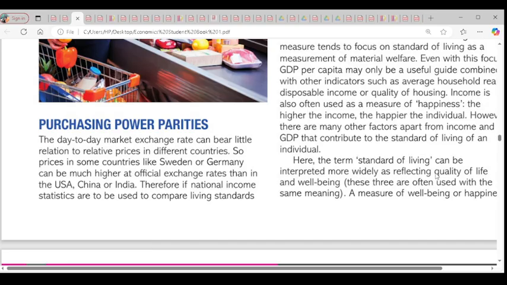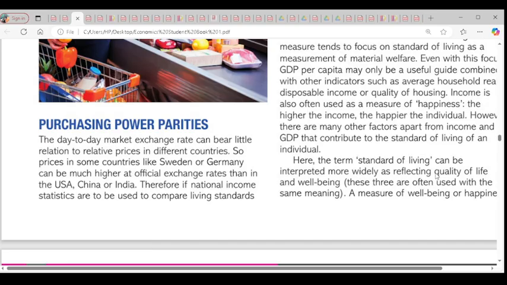happiness of an individual. However, there are other factors that contribute to the standard of living of individuals aside from income and GDP. For example, the quality of the environment we stay in can also determine how happy we are. The quality of jobs, the kind of job people do, access to education, crime statistics.